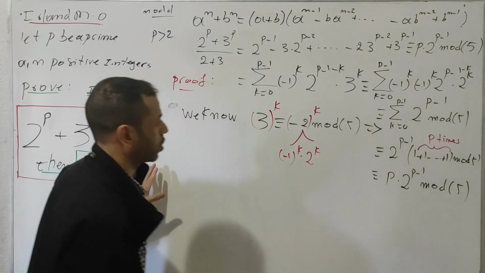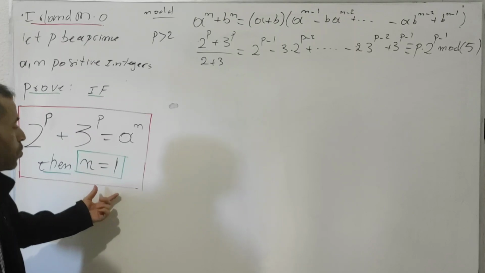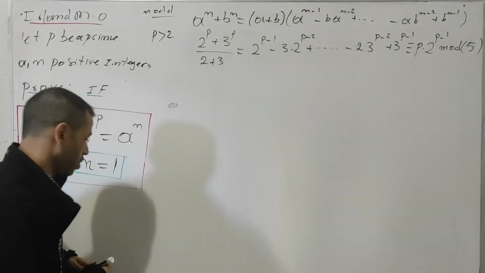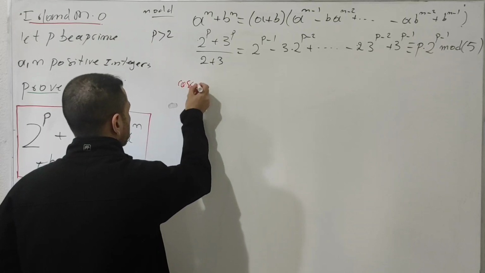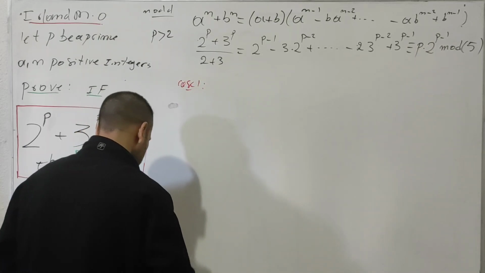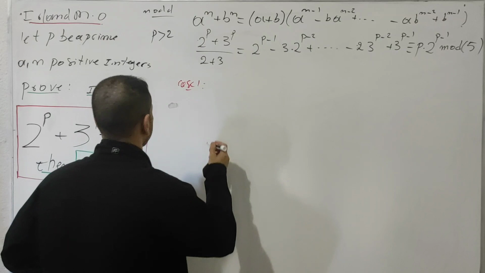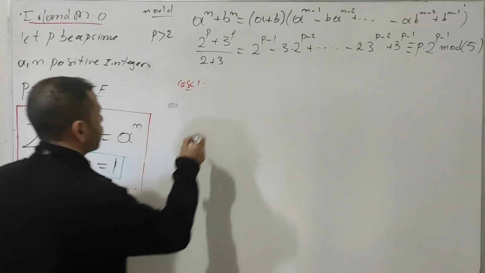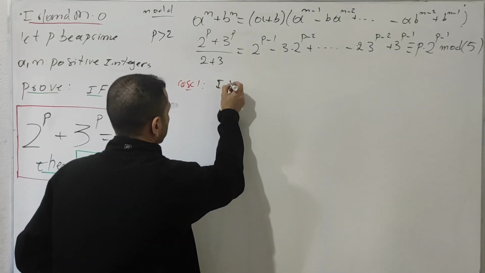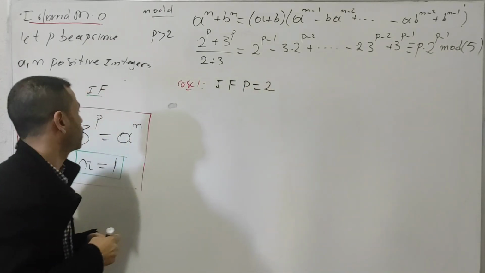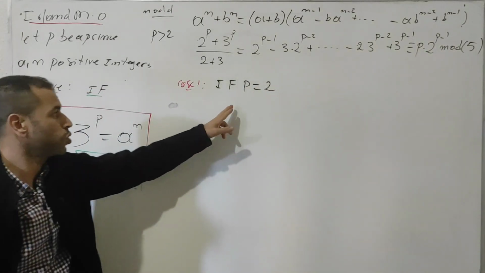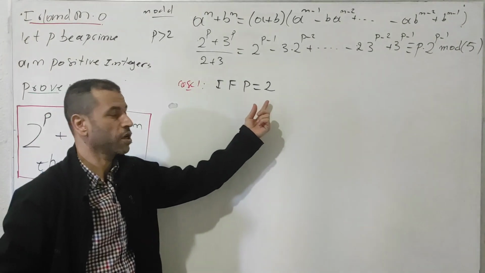Now let's move on to our question. I'm going to break this one into 3 cases. So case number 1. If p equals 2, an even prime, because we have p as a prime, we are going to check when we have p as an even prime.